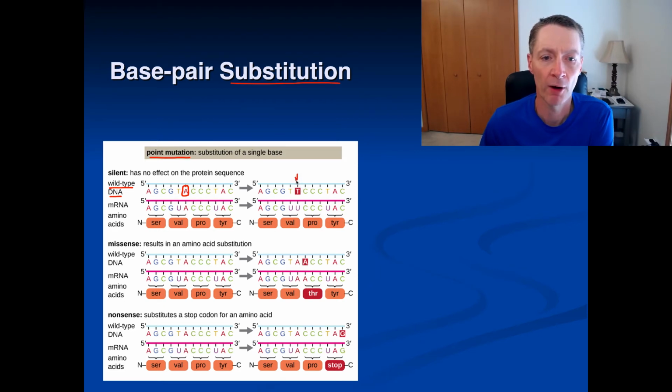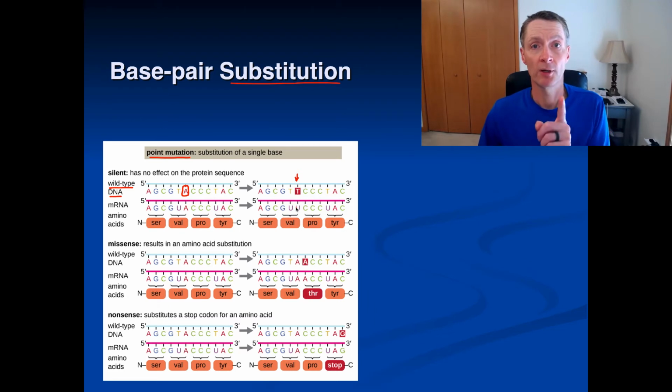So here we have our error, okay? This is a substitution because there's a T substituted for an A, right? Now when we look at our chart, we're going to have A, G, C, G, U, U. Not G, U, A, but G, U, U.